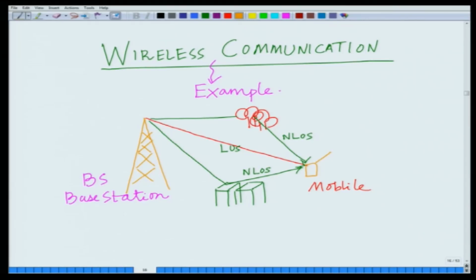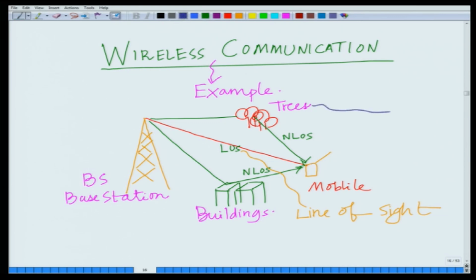And there are several obstacles such as, for instance, trees and buildings in the propagation path. These obstacles, these buildings, trees, etc., are known as scatterers.